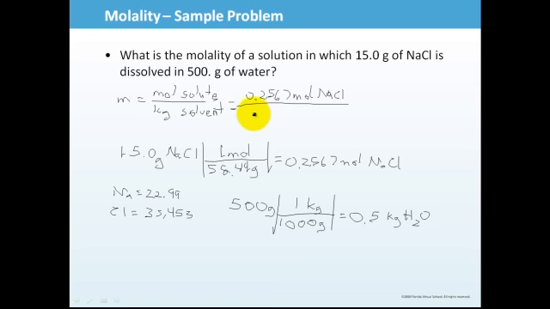And then on the bottom, I have the 0.5 kilograms of water.